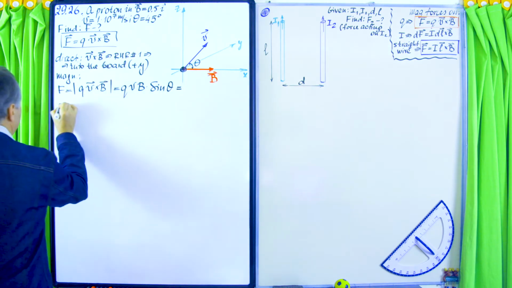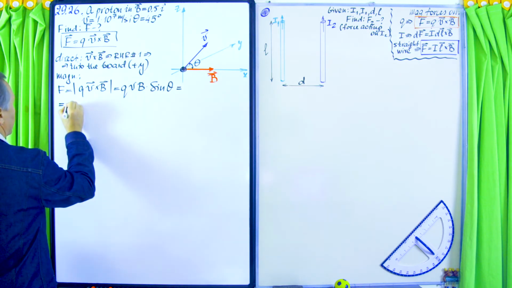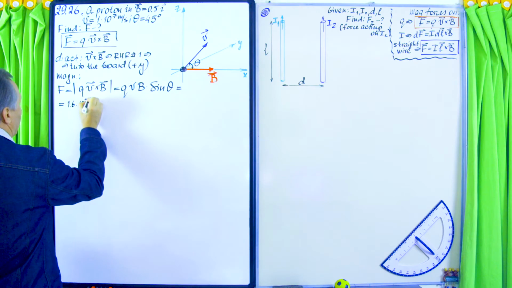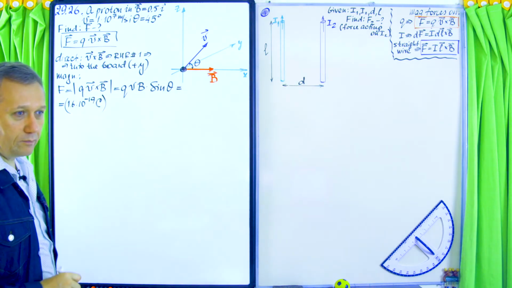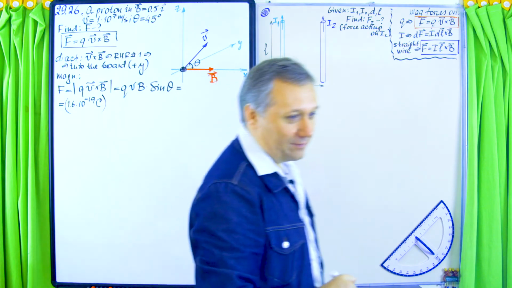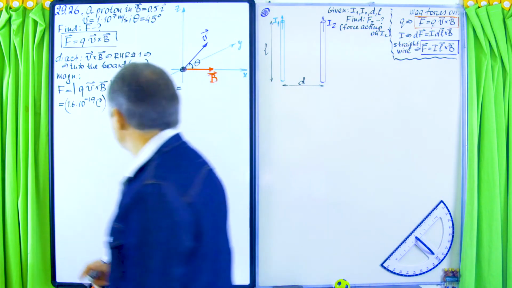Okay, so now you can plug in all the numbers. I can write: 1.6 times 10 to the power of minus 19 coulombs. That's the charge. Charge of a proton in absolute value equals the charge of an electron.